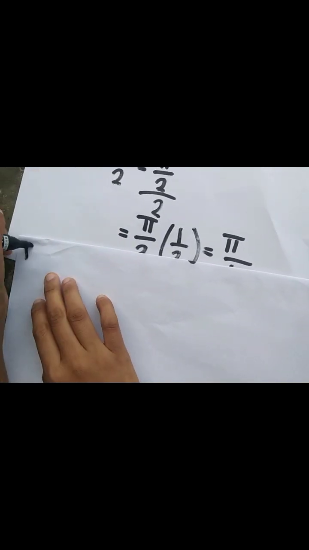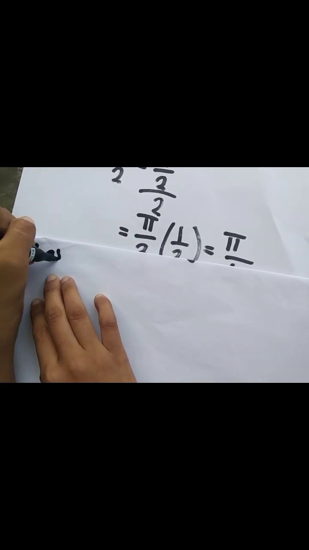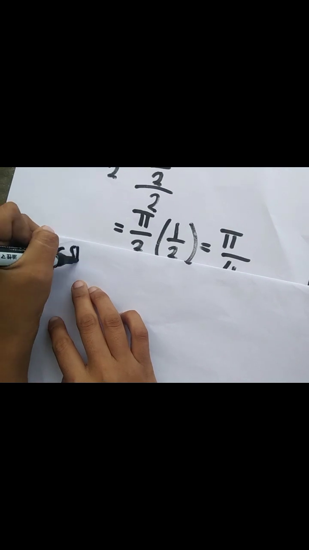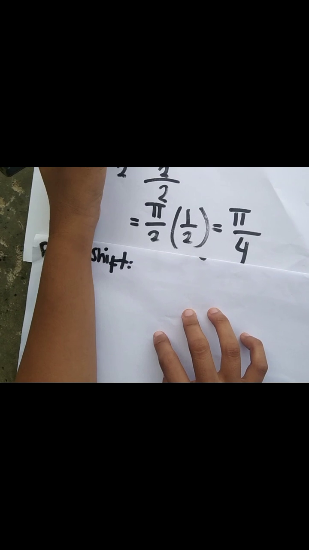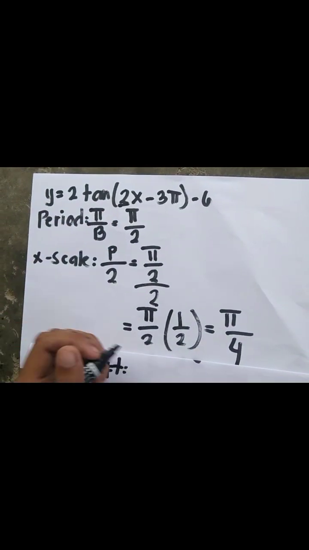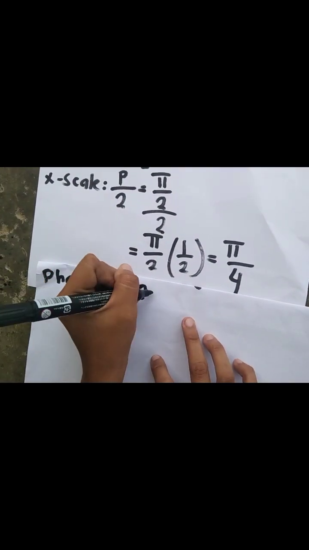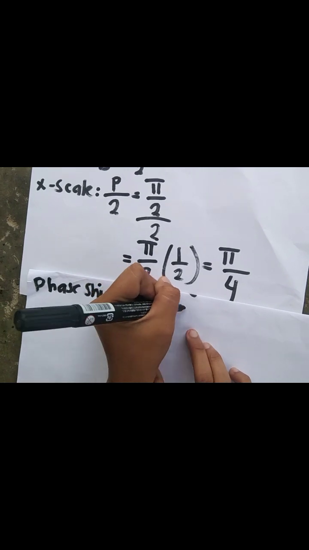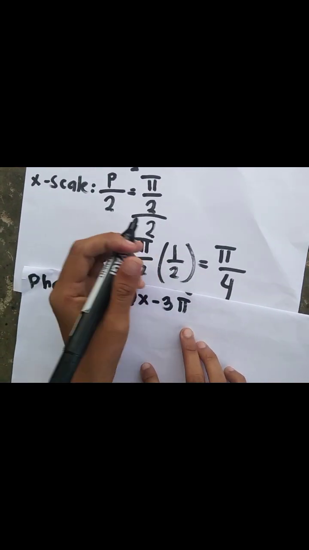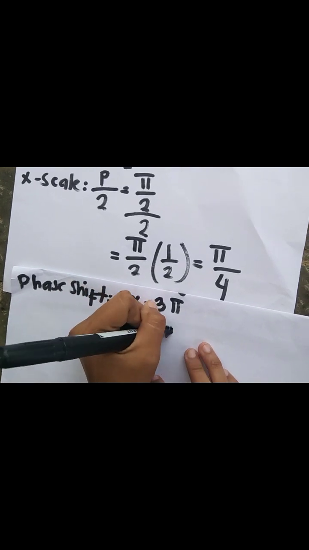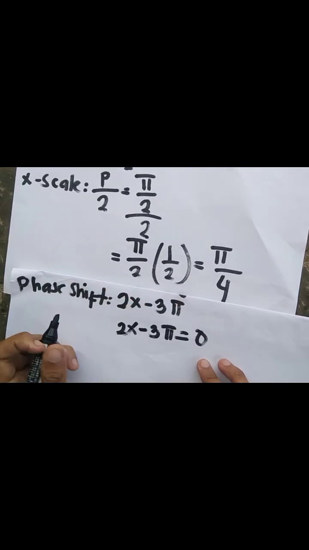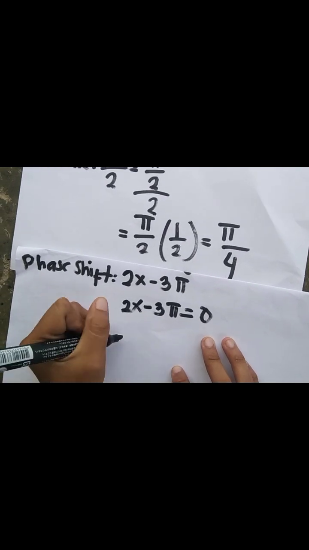Next, let's get the phase shift, which is 2x minus 3 pi. Copy. 2x minus 3 pi, then equate to 0. Copy 2x.